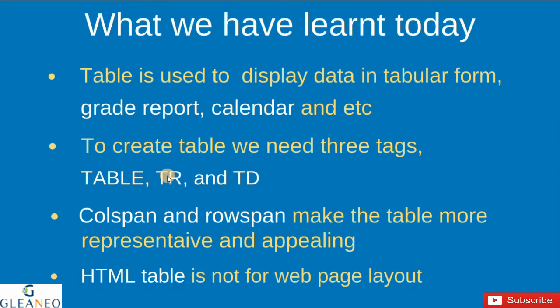TR stands for table row used to create the row and TD stands for table data used to create the cells. We have interesting attributes colspan and rowspan which make your table more representative and appealing. We shouldn't use HTML table for website page layout. We should use the CSS for styling the HTML table.